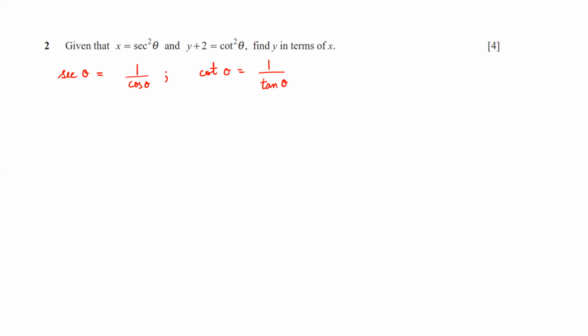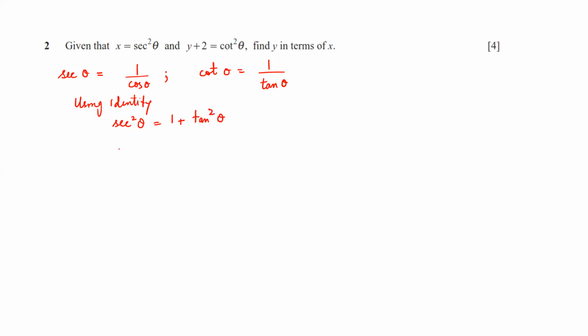Okay. So from this, we can see that x equals secant square theta and y plus 2 equals cotangent square theta. We can easily write, using the identity that secant square theta is equal to 1 plus tangent square theta.